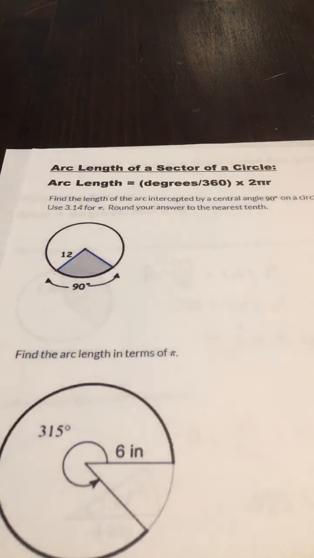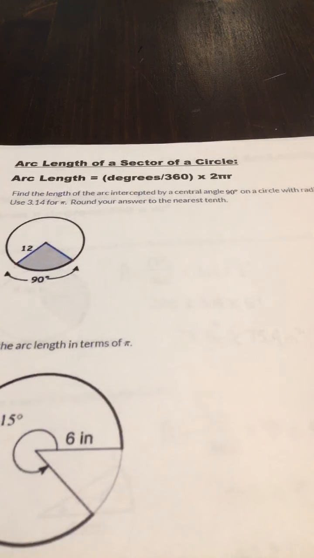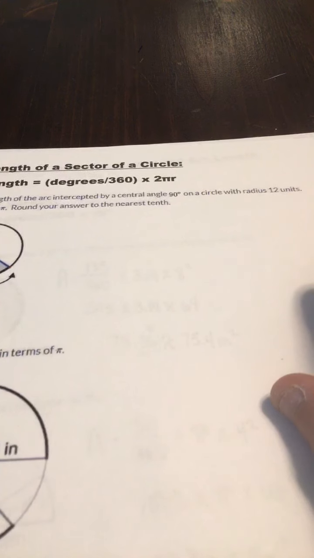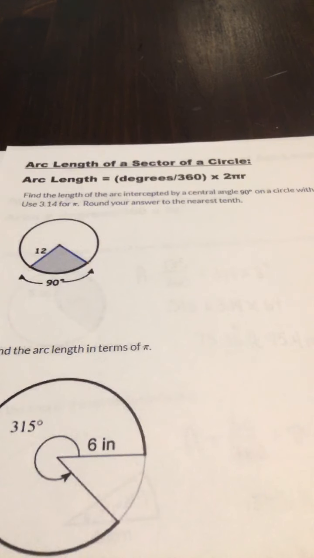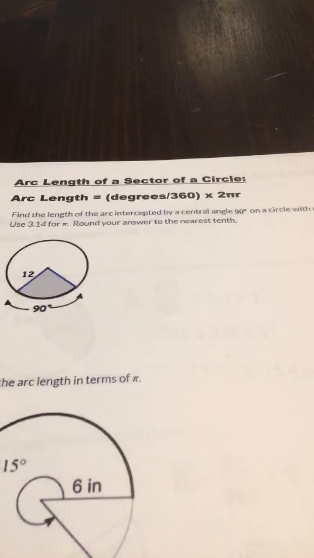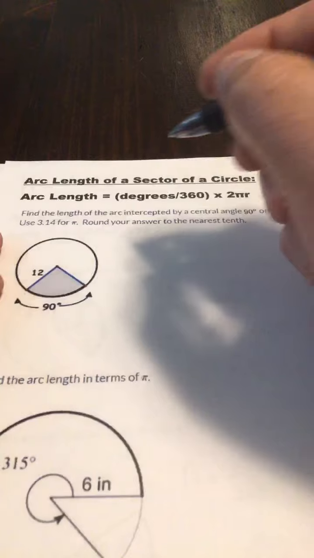All right, here we go. Find the length of the arc intercepted by a central angle of 90 degrees on a circle with a radius of 12 units. Use 3.14 for pi. Round your answer to the nearest tenth. All right, so let's set up our problem.